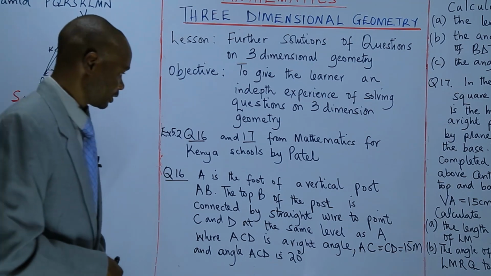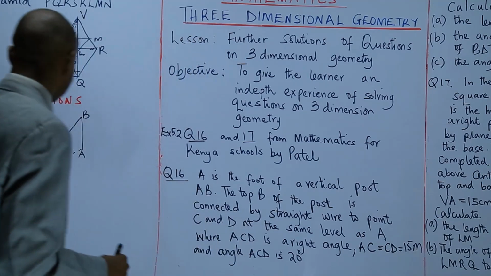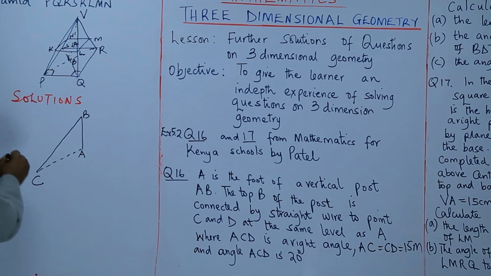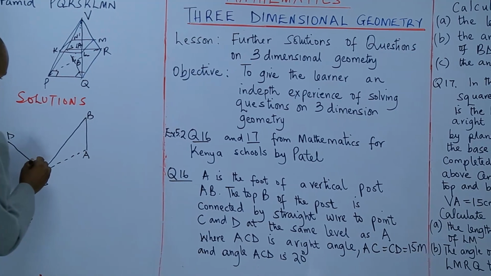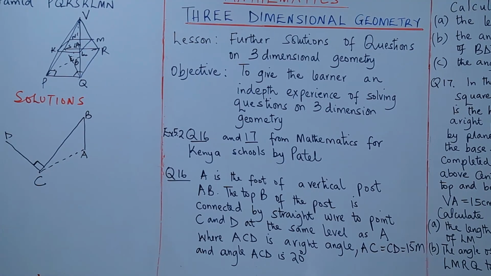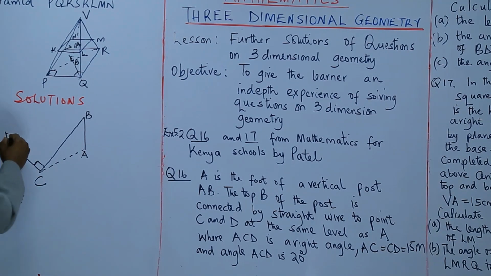Where ACD is a right angle, there is a point D there. You are told this is a right angle. Come rain or shine, that is a right angle.